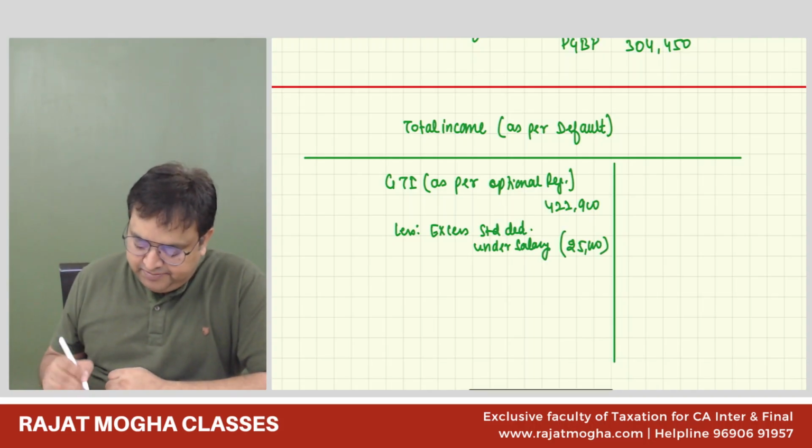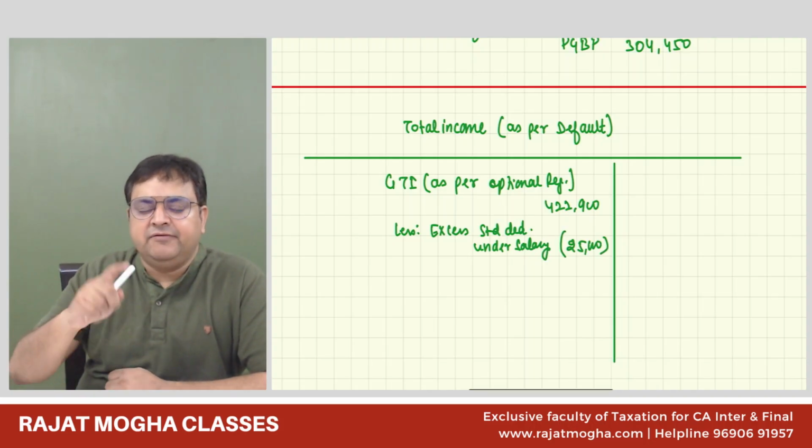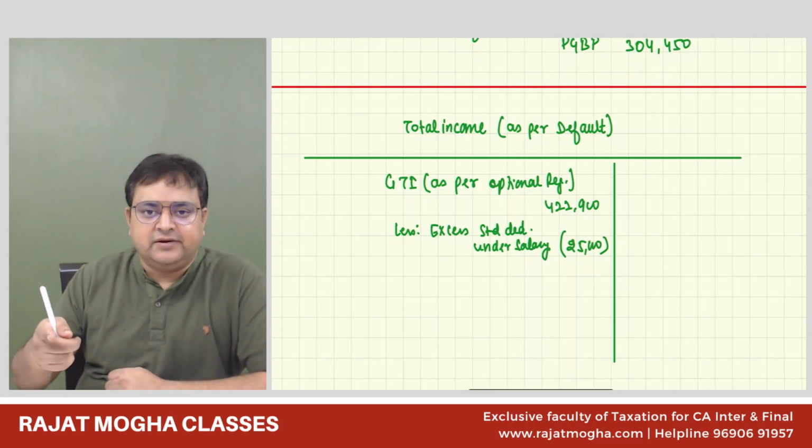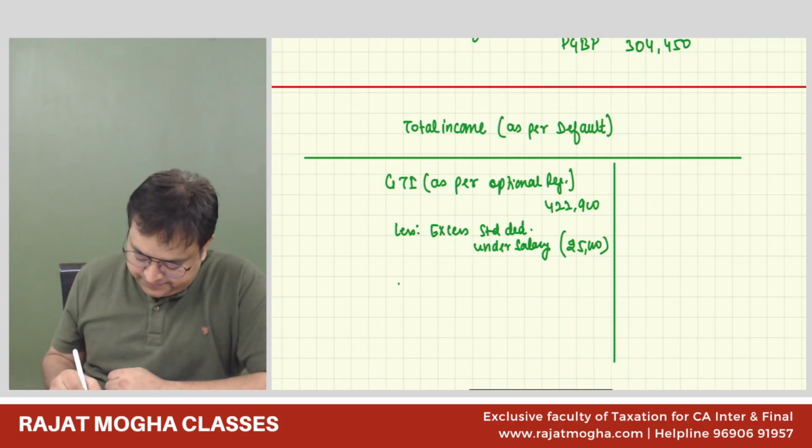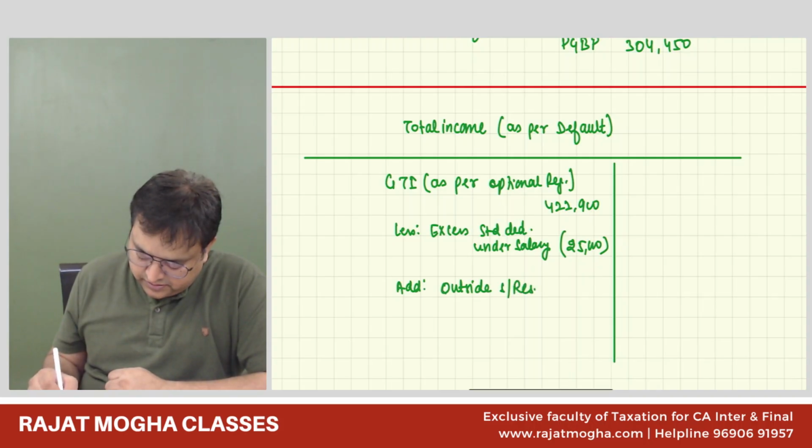And in PGBP, we have already given the deduction of 1,50,000, which should not be there. So we'll add it back: outside scientific research, 1,50,000.